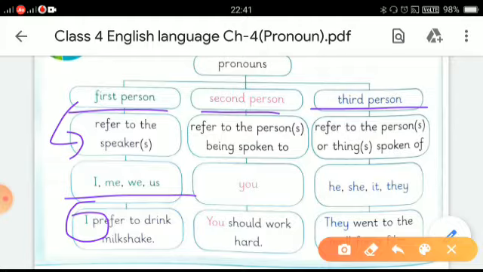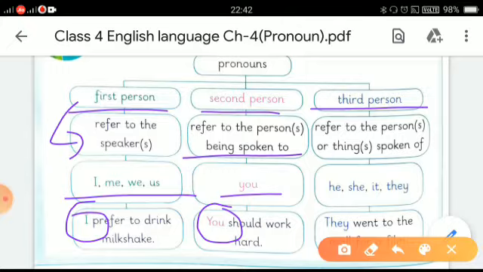Now second person. Second person refers to the person or persons being spoken to. Example, you is a second person. In a sentence, you should work hard.